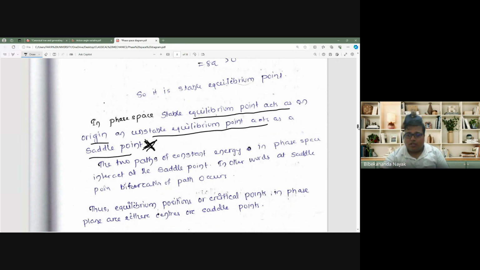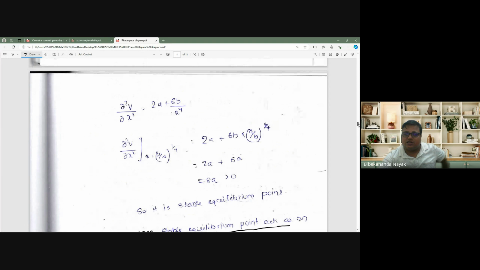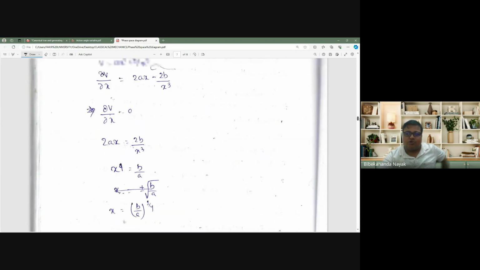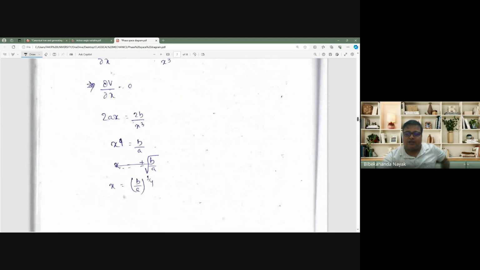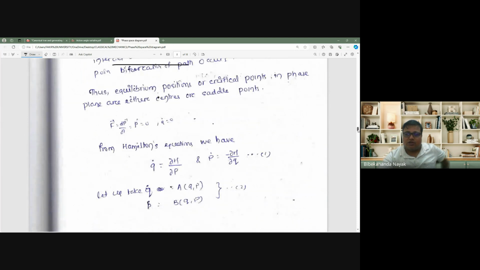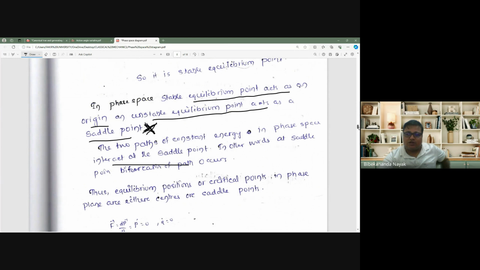So the two paths of constant energy in phase space intersect at the saddle point. If a system is given, we first have to calculate its potential energy. From the potential energy, you can predict its phase trajectory by checking the stable and unstable equilibrium points.